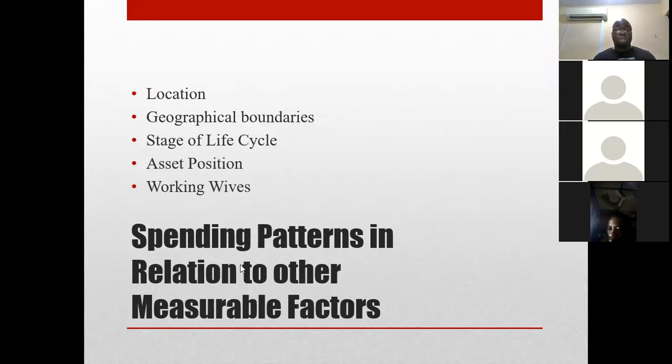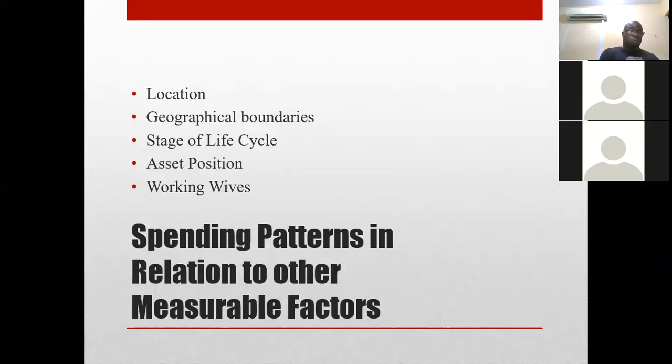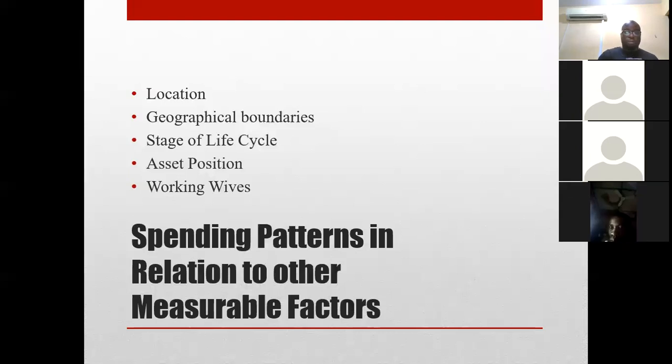So in a single income household, all the spending will revolve around that one person. But in a household where two people are earning an income, the decisions can be shared more easily.